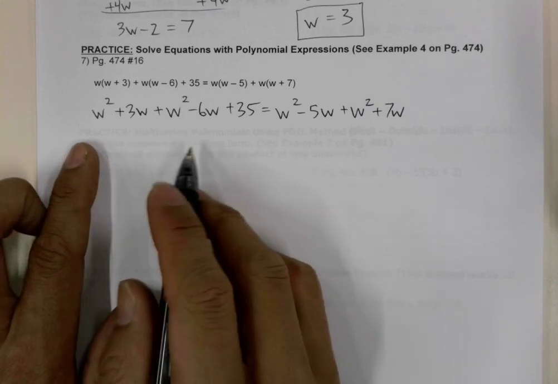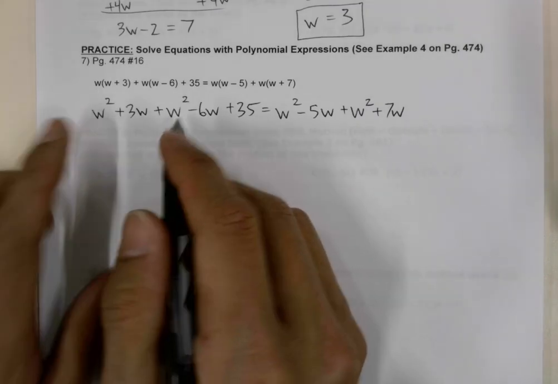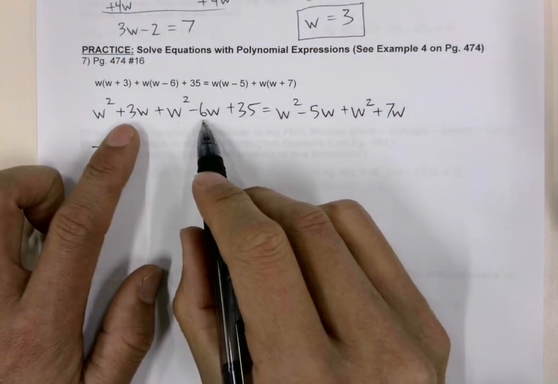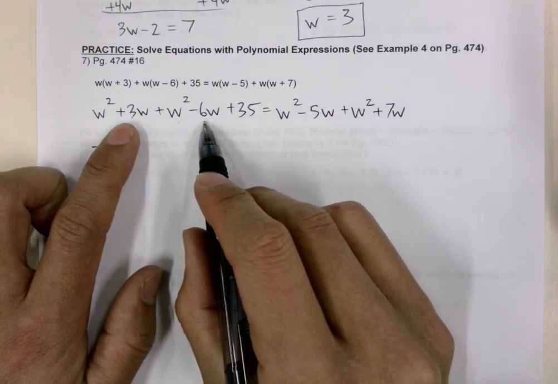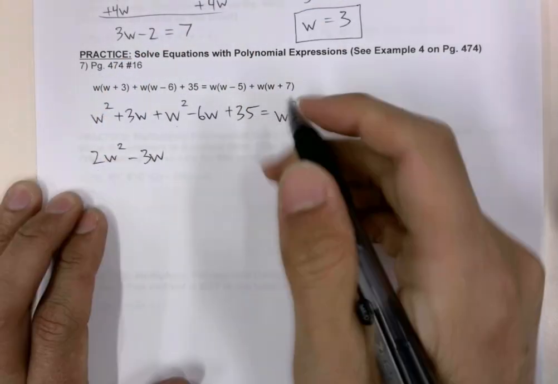Alright, so now we're going to go ahead and combine our like terms. And so what do we get? We have 2 here, so it's going to become 2w squared. I'm going to combine these two like terms, and that is going to become -3w. And then I have my 35.